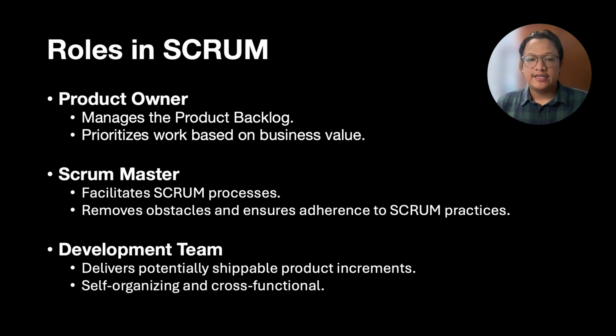And the last one is the development team, which consists of professionals. In the context of software development, it will be software developers, programmers, and also UI UX designers who do the work by delivering a potentially releasable increment at the end of each sprint.